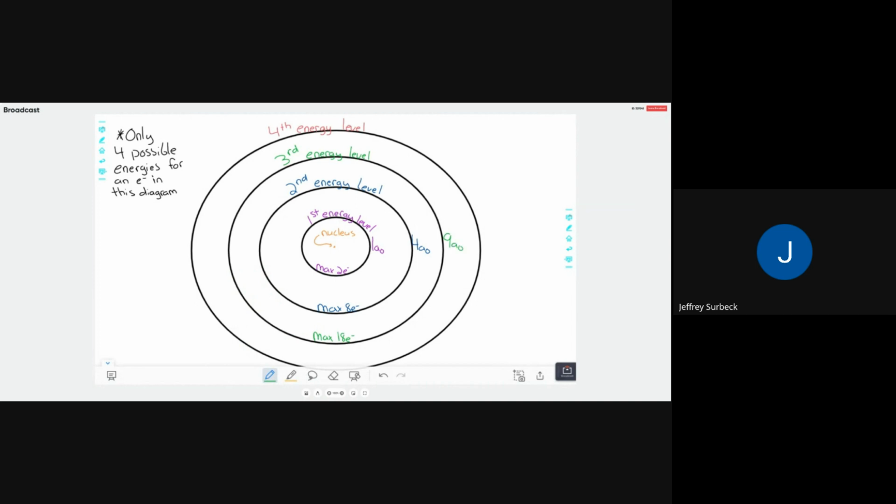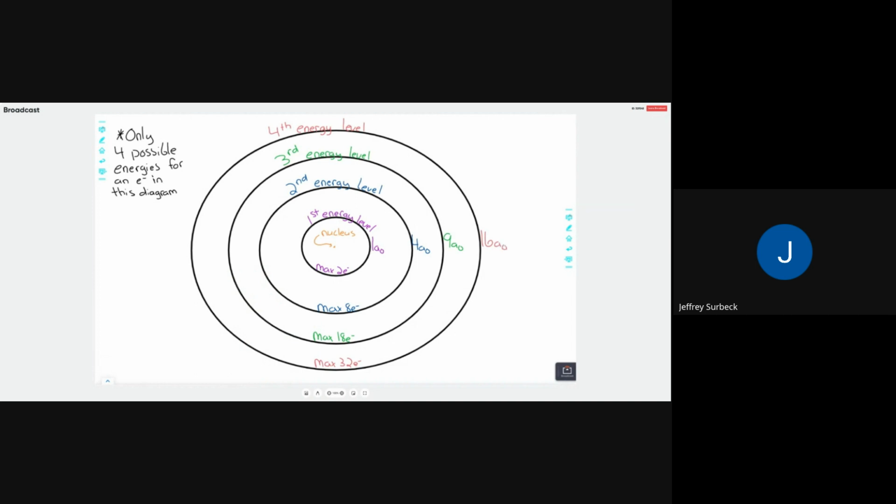And then our fourth energy level here, remember we showed from previous notes, had a max of 32 electrons total that could be present there, and it had a radius of 16 a sub 0.